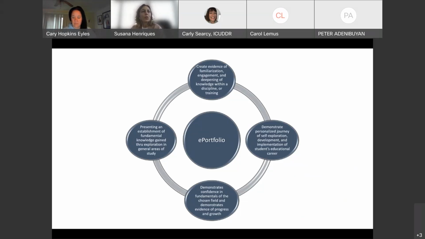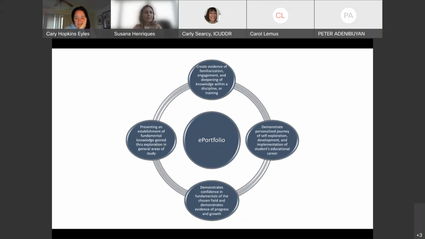So in this e-portfolio, which is built during the whole program, or just a small course, it depends, they can create evidence of the engagement with the knowledge within a discipline or training.